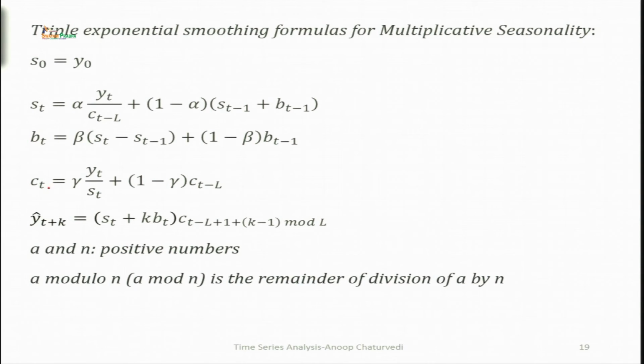You update C_t using this formula, gamma y_t upon S_t plus (1 minus gamma) C_{t-L}, and then this is the forecasted value, y hat_{t+k} is equal to (S_t plus k B_t) C_{t-L+1+(k-1) mod L}, where A mod n is defined as the remainder of division of A by n.